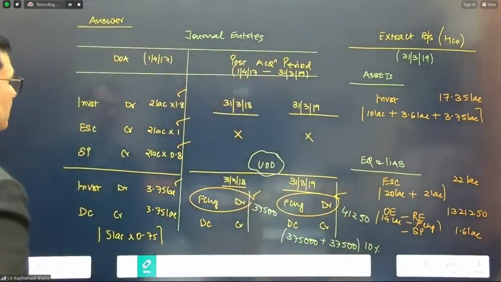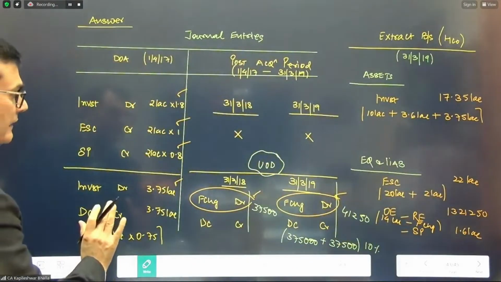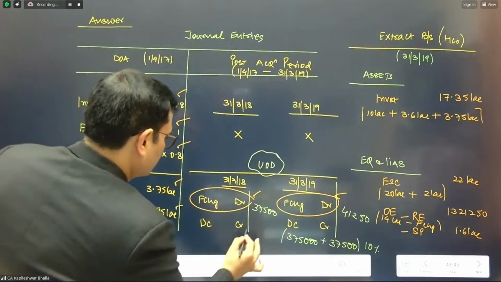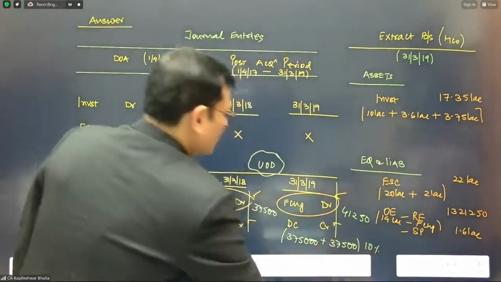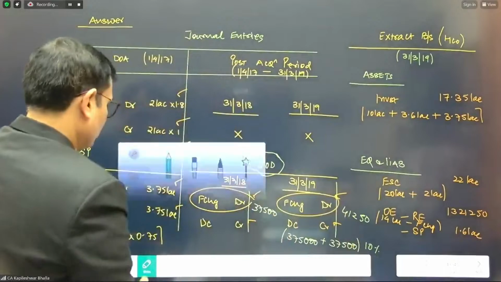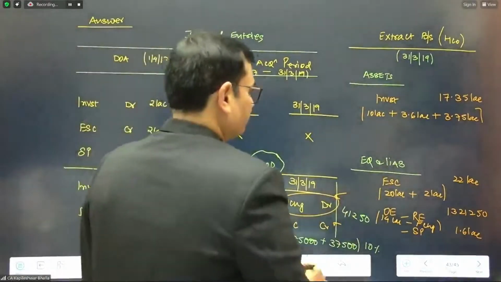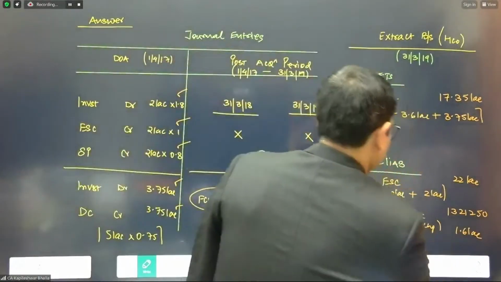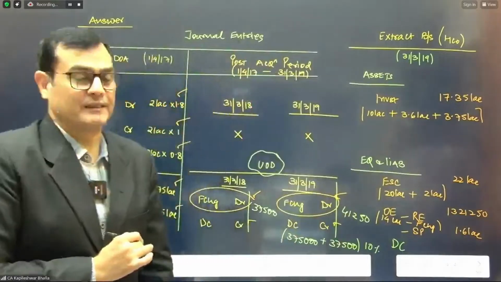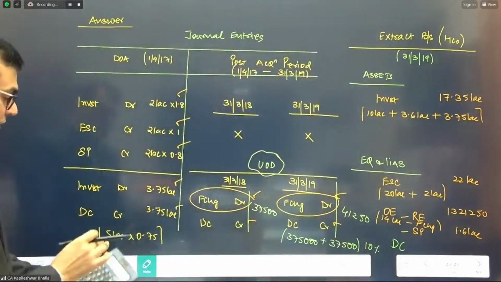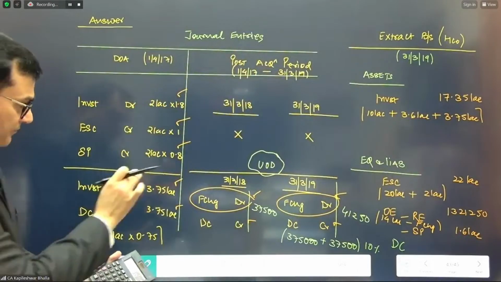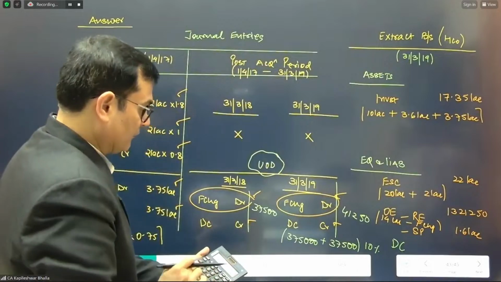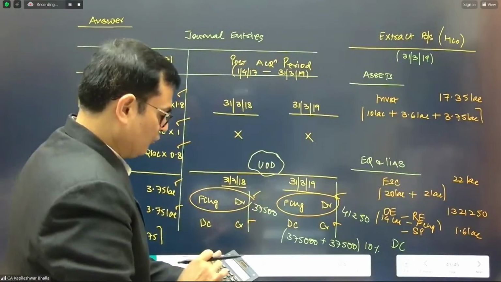And I think the only input which is left over is the DC. So you just need to change the figure of DC. It was not in the balance sheet. So let's show the extract balance sheet. The deferred consideration is also going to be reflected. So your deferred consideration is 3,75,000 plus 37,500 plus 41,250.